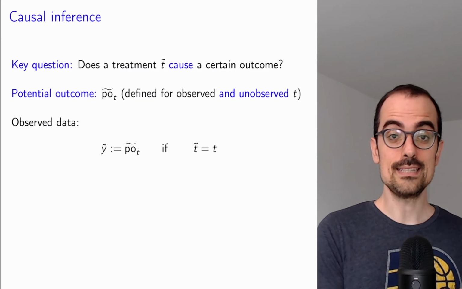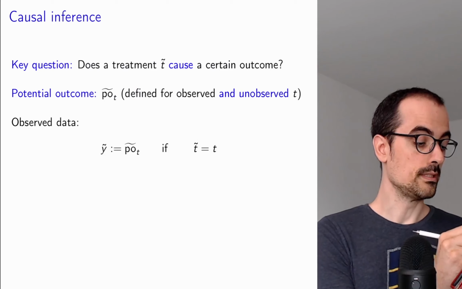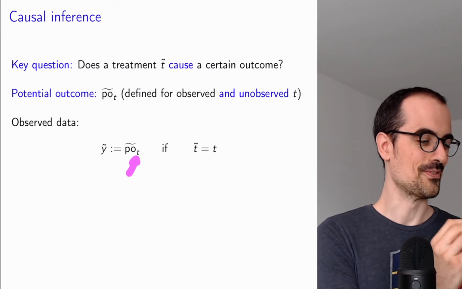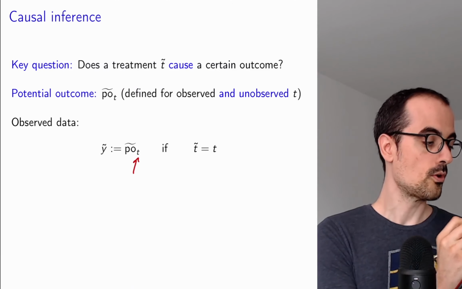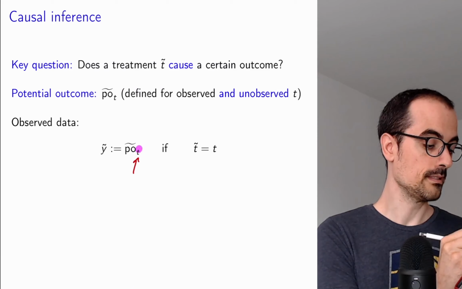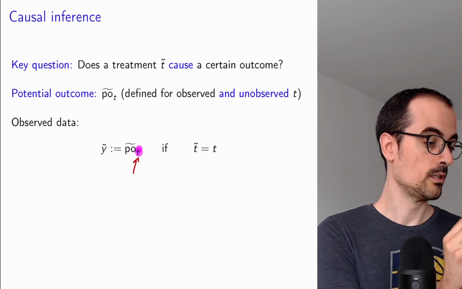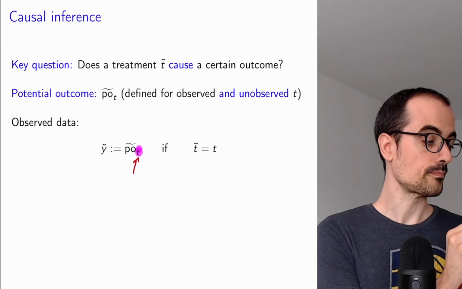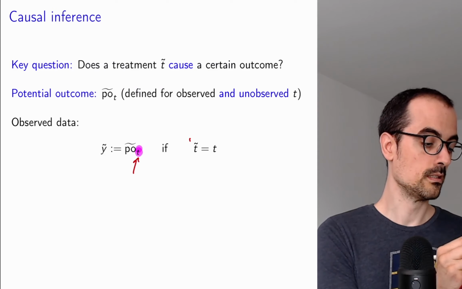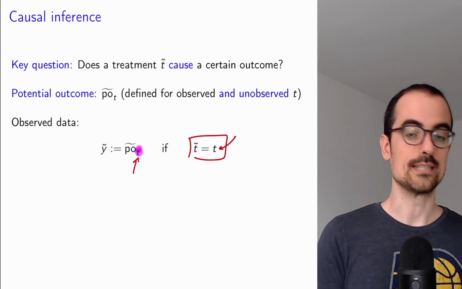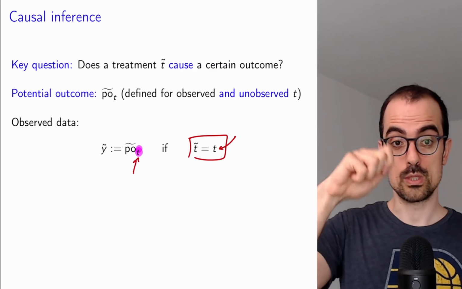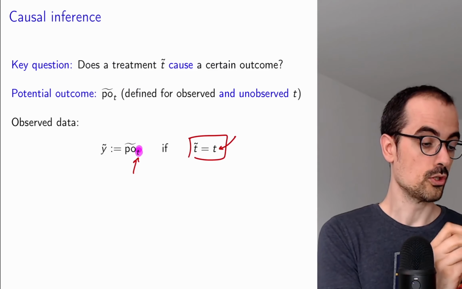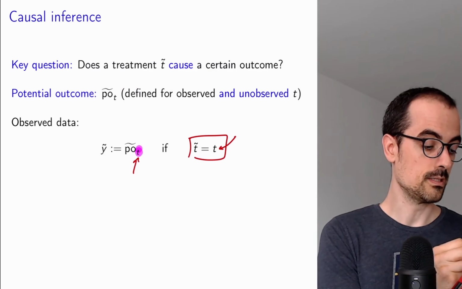The observed data is equal to the potential outcome for the value of the treatment that is actually observed. So here, this means that the treatment was equal to that particular constant. Remember that we write random variables with a squiggly line on top. So this guy is a random variable.